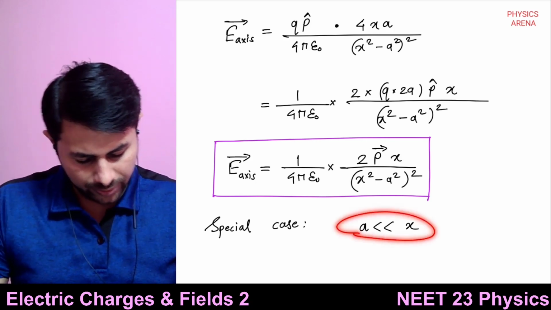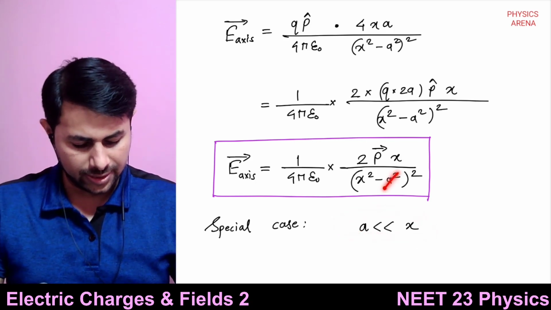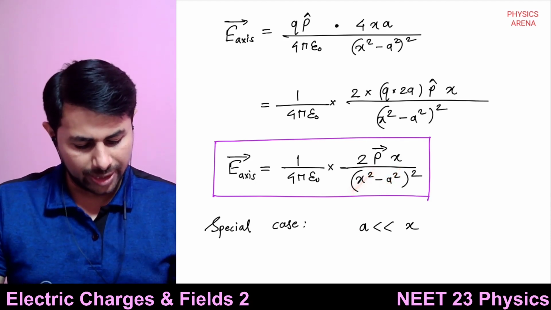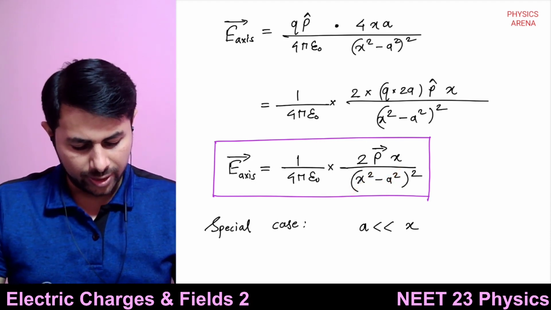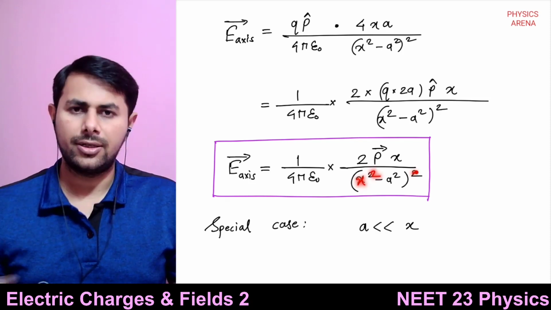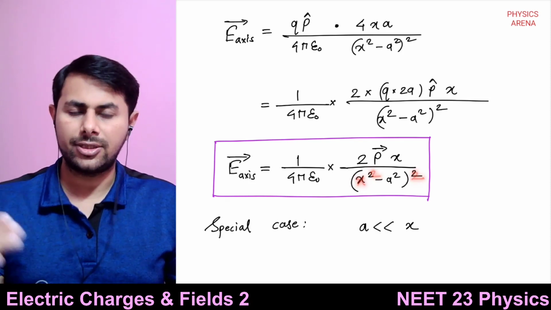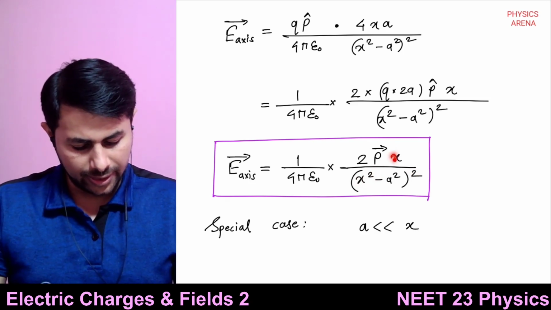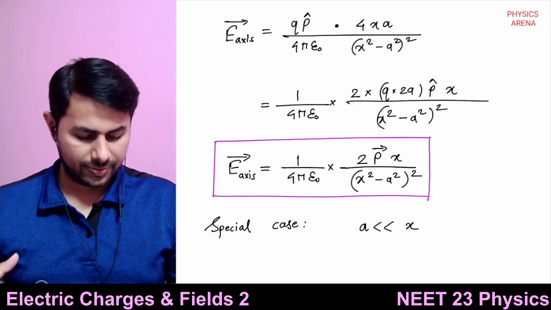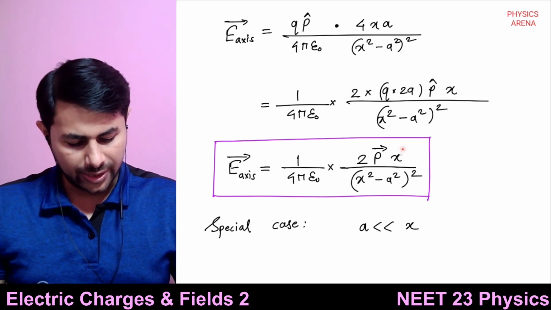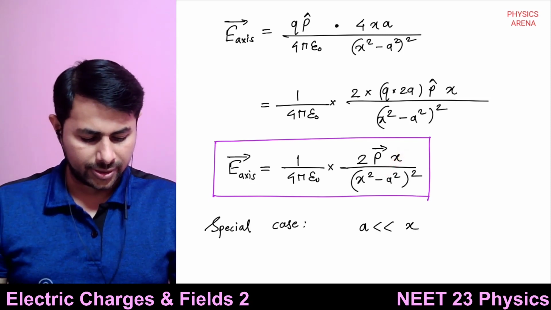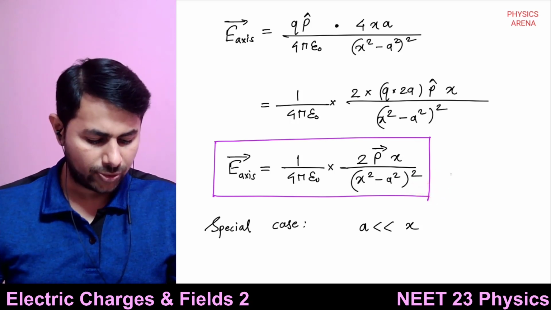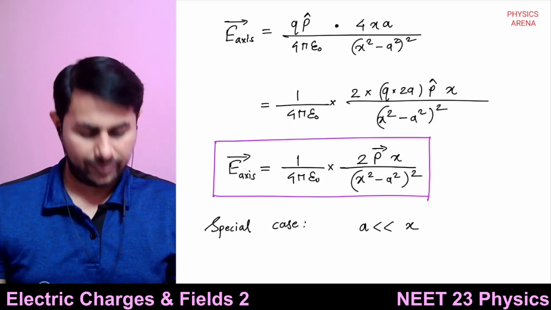So if it is so, then we can neglect this a square in comparison with x square in the denominator. Okay, so it is x square square, that is x raised to 4, and then in numerator we have x. So we can divide, so we get x raised to 3.